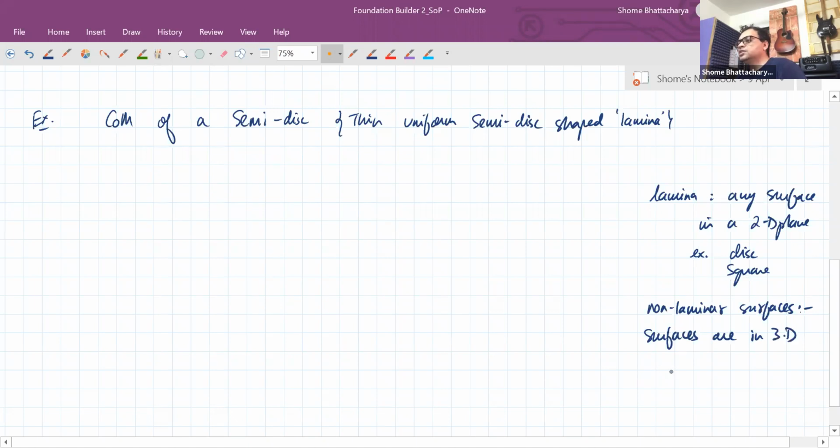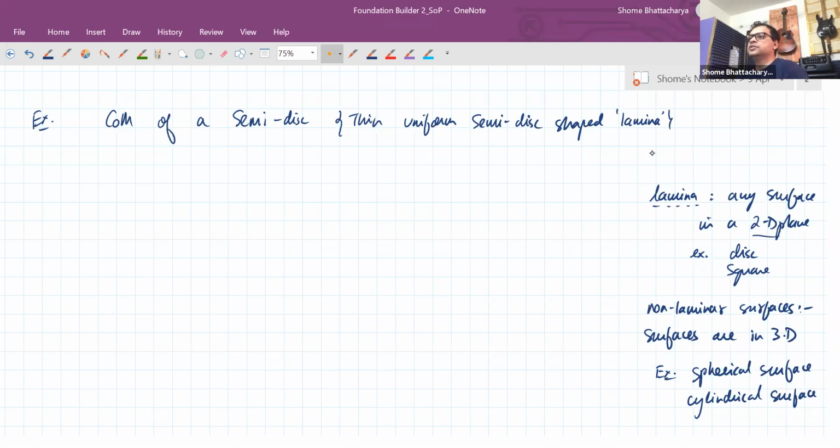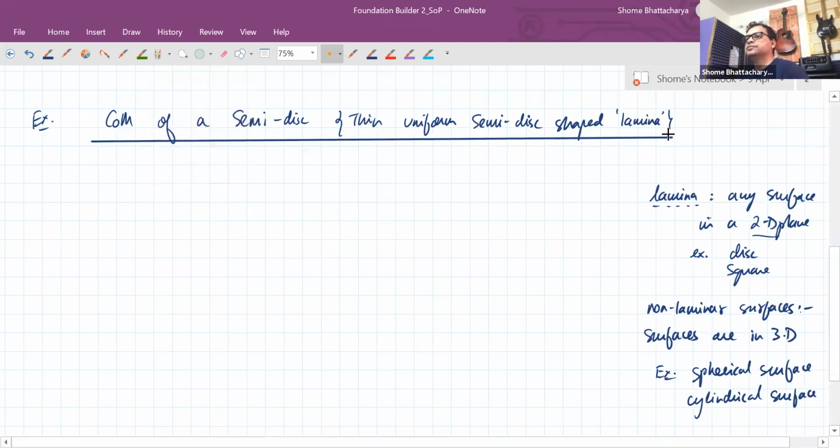So for example, a spherical surface, or the surface of a cone, or a cylindrical surface. These are examples of non-laminar surfaces. Whereas any surface that is lying on a 2D plane is called a lamina or a laminar surface. So a semi-disk is an example of a laminar surface, but it also has a high degree of symmetry. So let's see how to calculate the position of center of mass of a semi-disk.